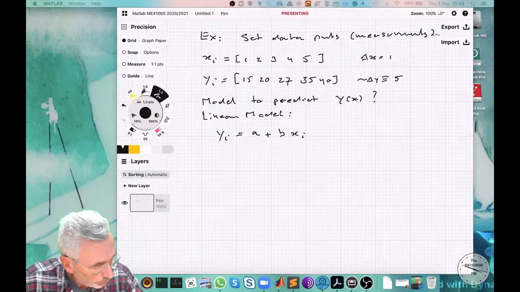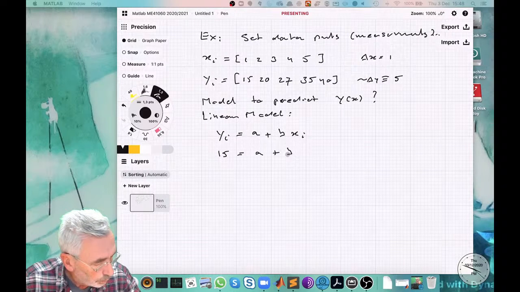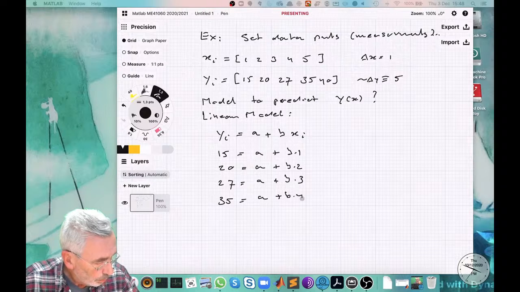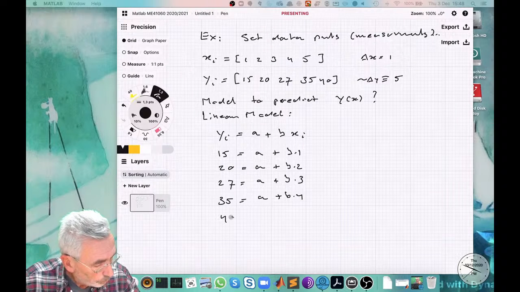Then if we look at our data points, 15 is a plus b times 1. The second one is 20 is a plus b times 2. 27 is a plus b times 3. 35 is a plus b times 4. And 40 is a plus b times 5.